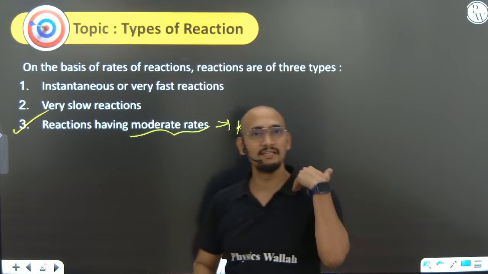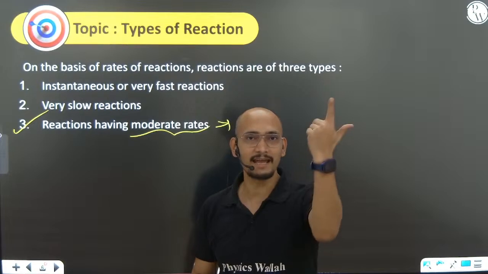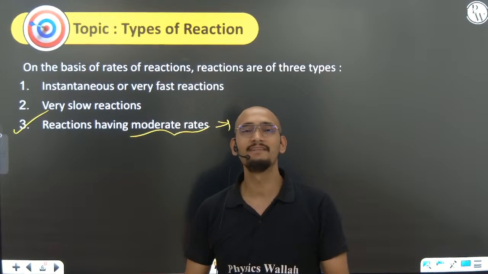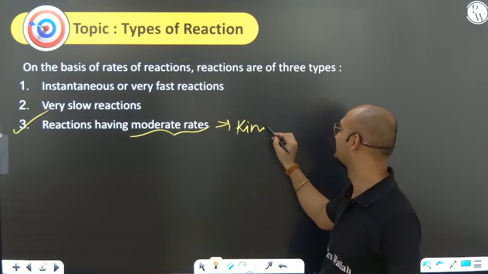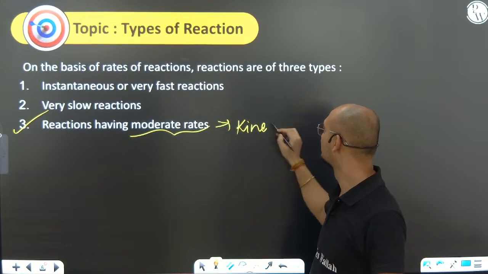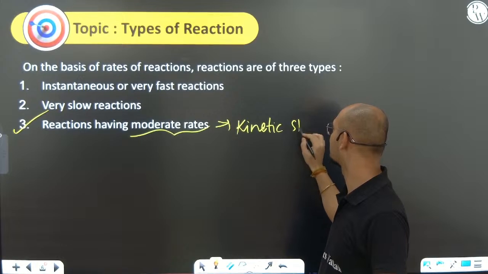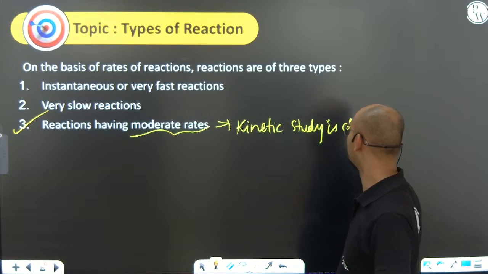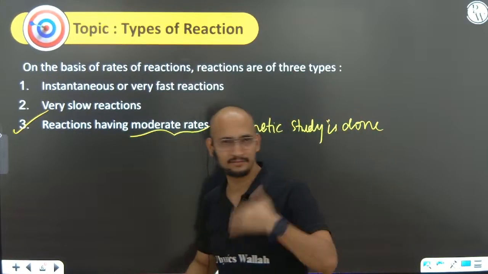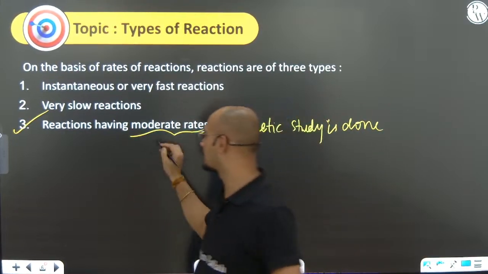That means it is neither so fast that you cannot see the reaction happening, nor so slow that you cannot even measure the time. Generally these are covalent in nature.